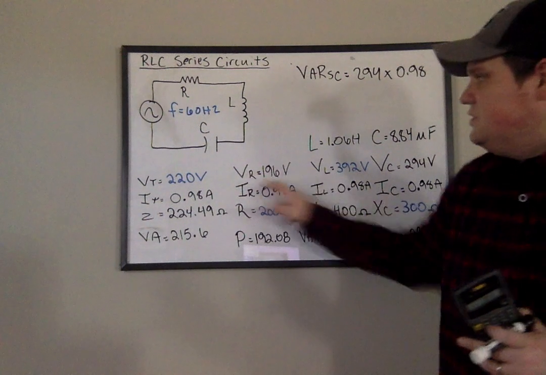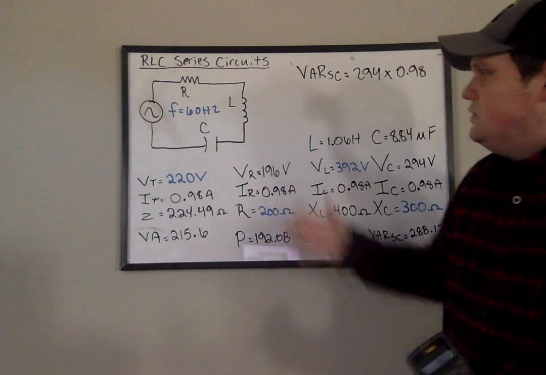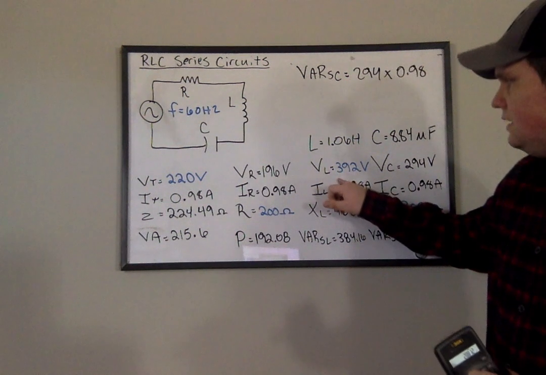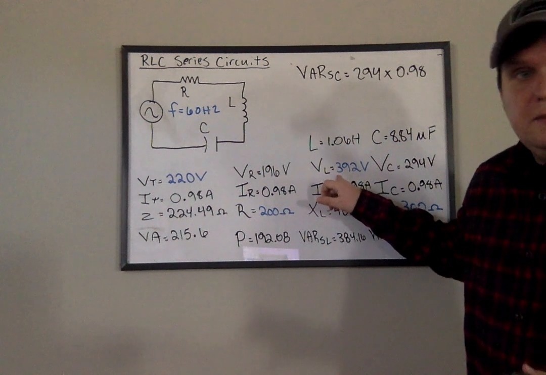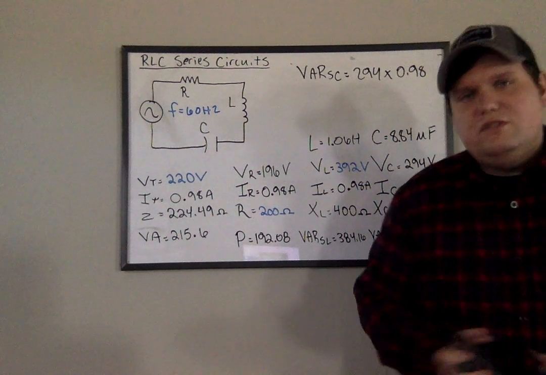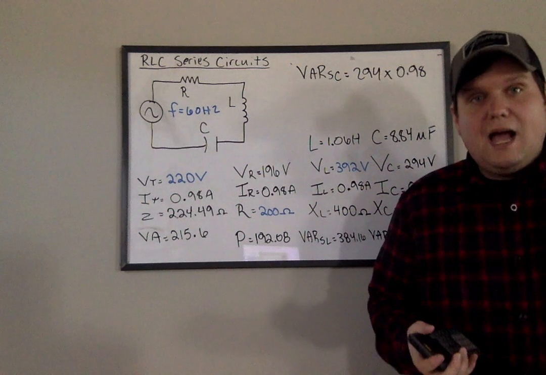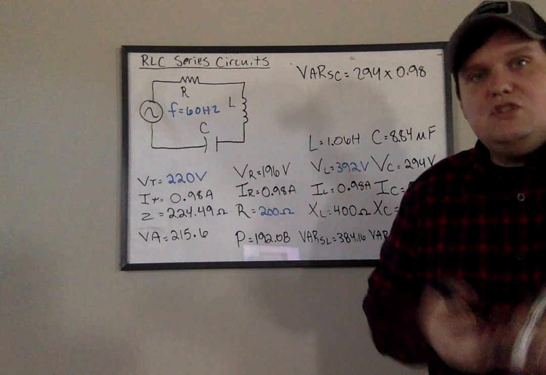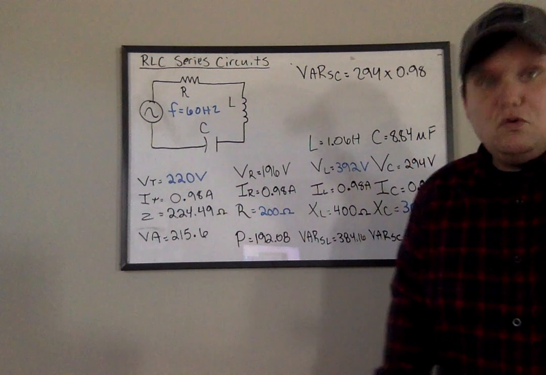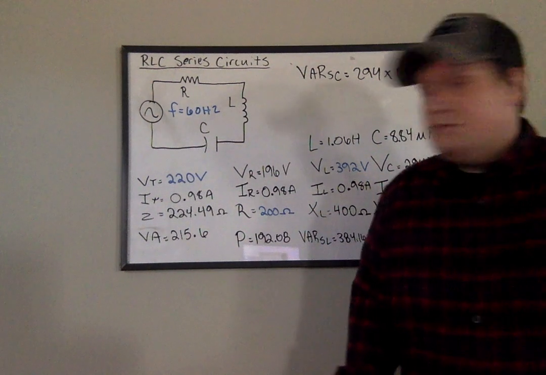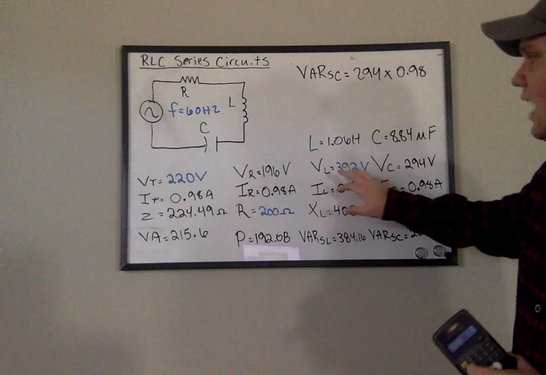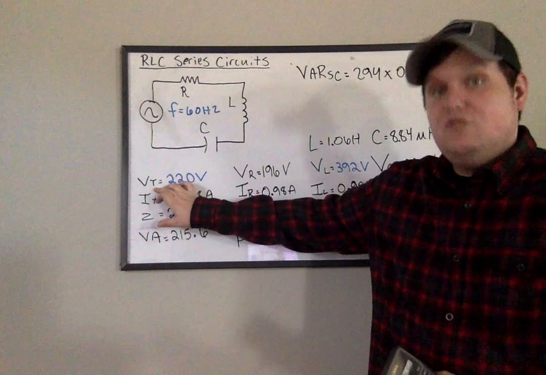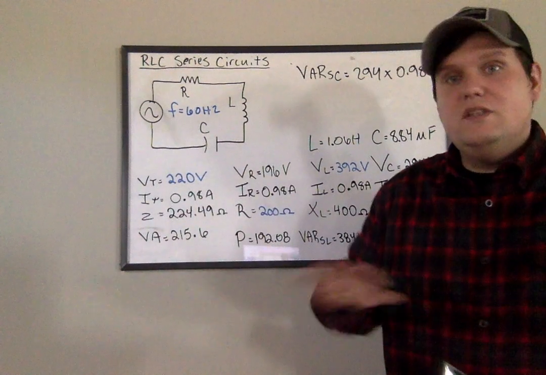Yes, this is creating a pressure difference, limiting current based on that resistor's properties. But here, this is CEMF, essentially. That's why you can sometimes see that inductor voltage get so high, because when current flows through this coil, we induce a magnetic field and induce that voltage, which has that CEMF. So again, it is not abnormal at all for VL to be higher than VT. If you see that, it's okay as long as everything checks out.